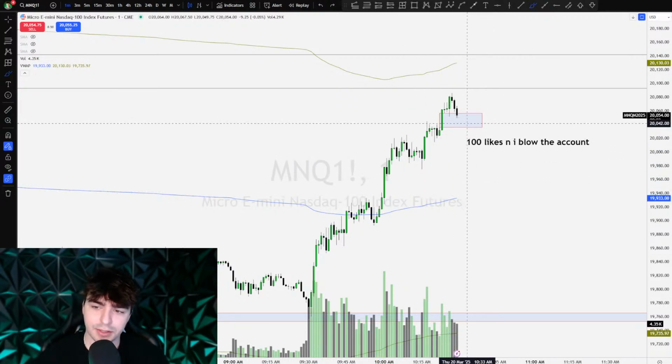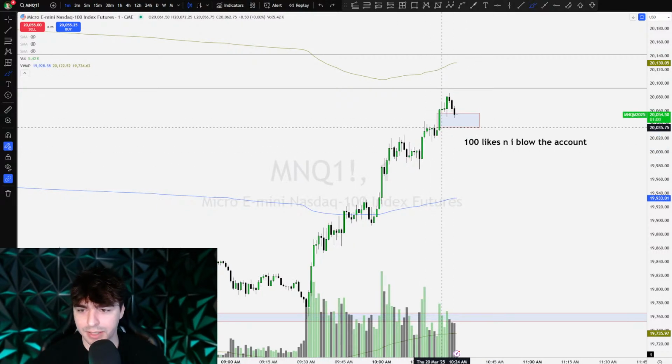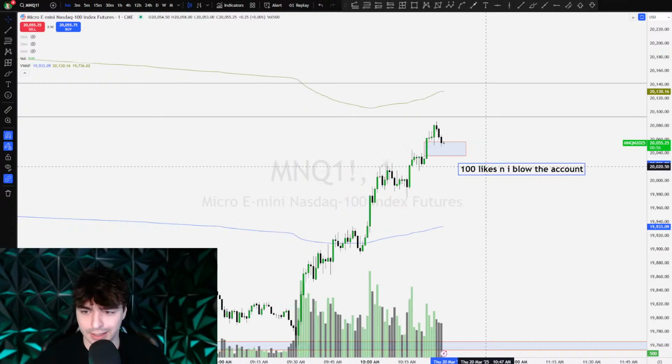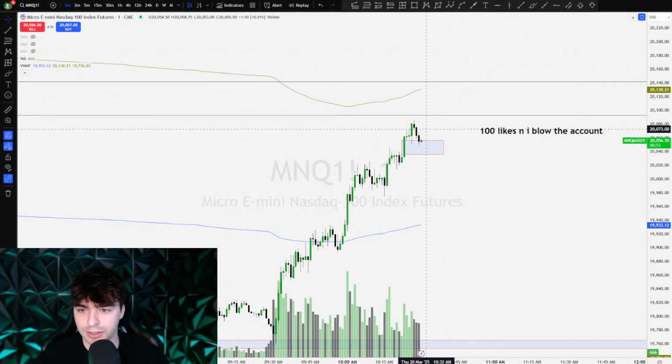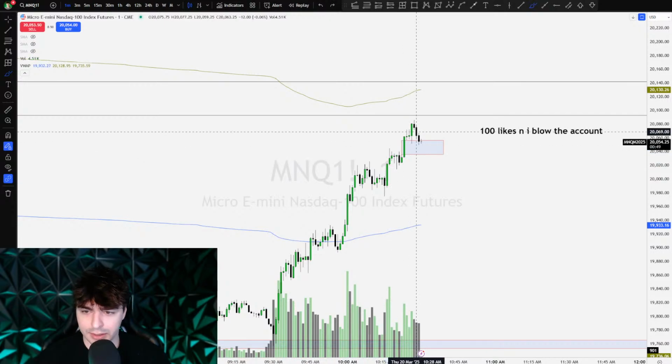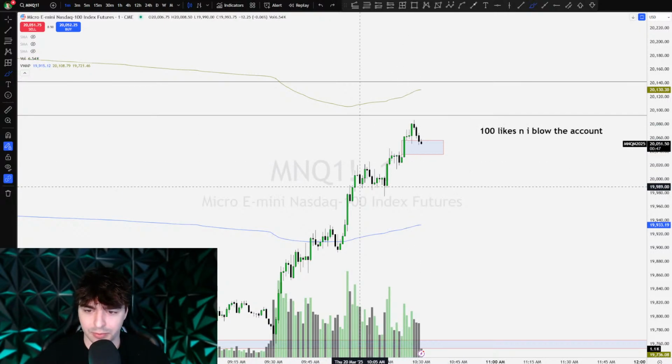Let's see if we hold this spot here. If we get back down to like here, that would definitely be a blow to the trend. If we get down to here, because that would be one of the bigger pullbacks we've seen.